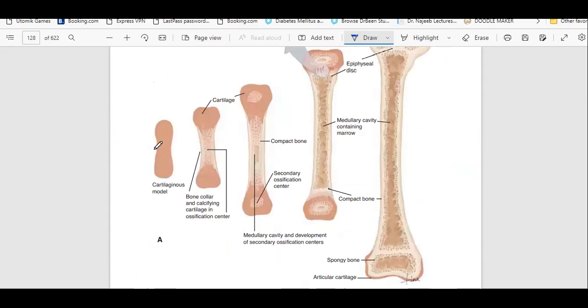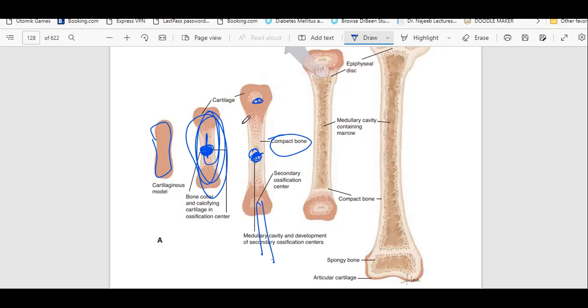Here we have, in the child before birth, the bones like that. This is only cartilage. In that area, the spongy bone is there, and the cartilage. Most of the bone is made up of cartilage. Then afterwards the ossification starts, and gradually the cartilage is converted into bone, mostly compact bone, and secondary ossification occurs here.